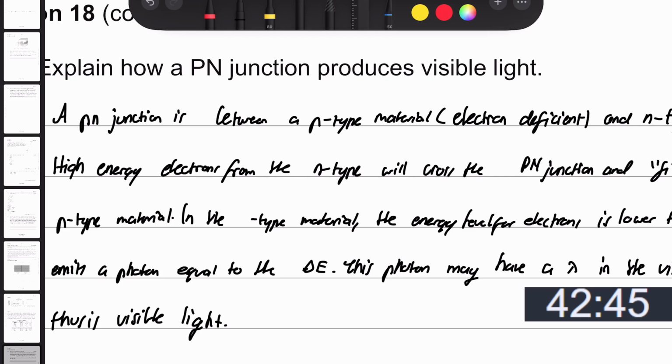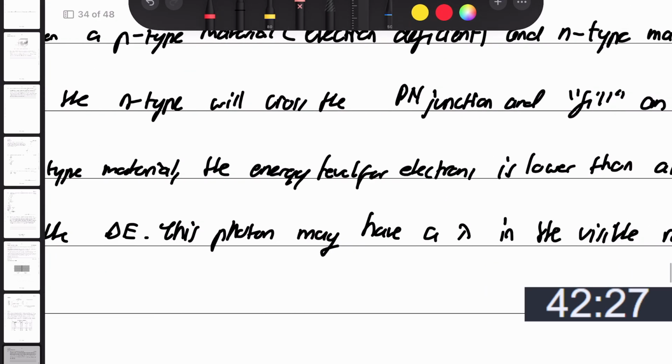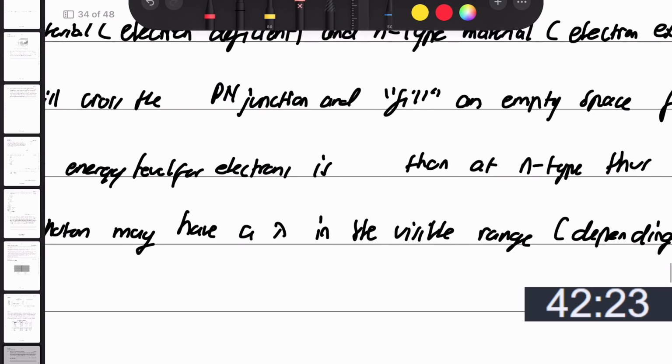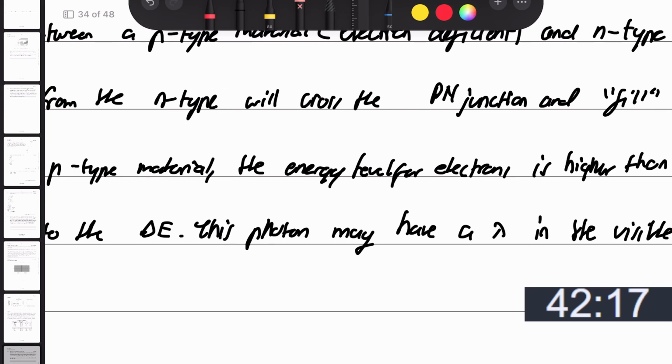So they flow from N to P. So the text says it flows from N to P.